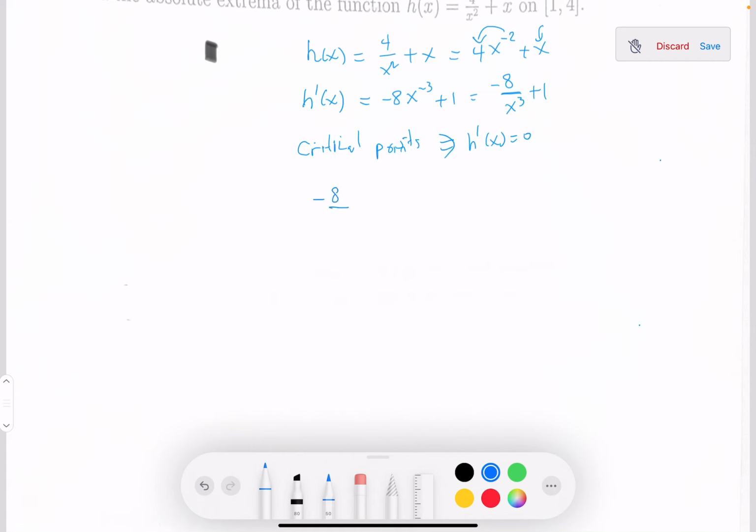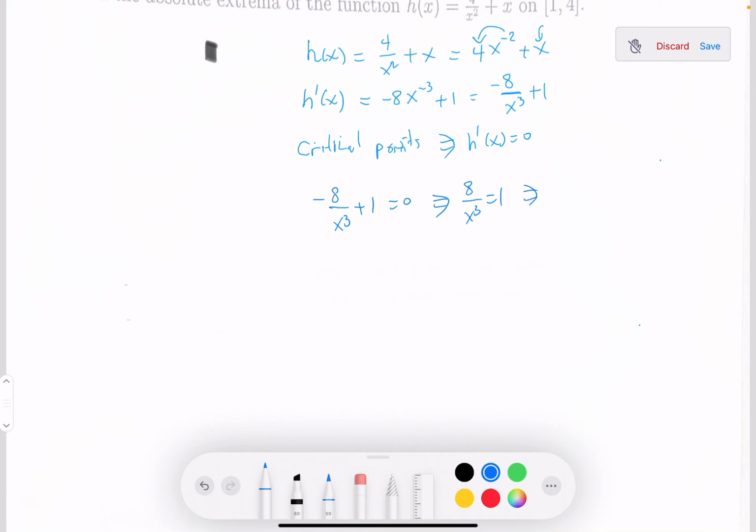So minus 8 over x cubed plus 1 equals 0. If you take the minus 8 to the other side, it's 8 over x cubed equal to 1.